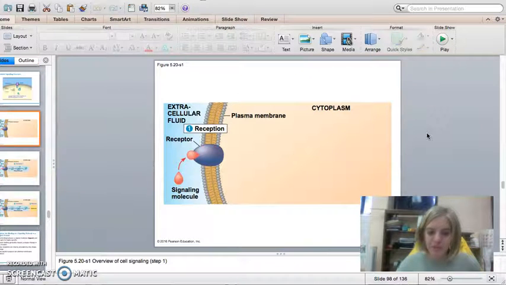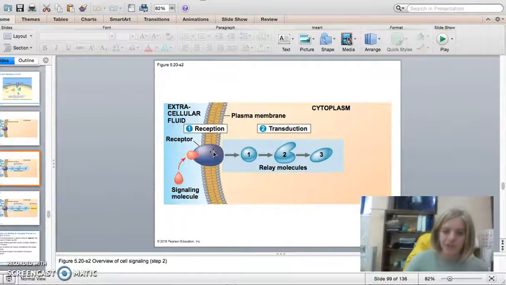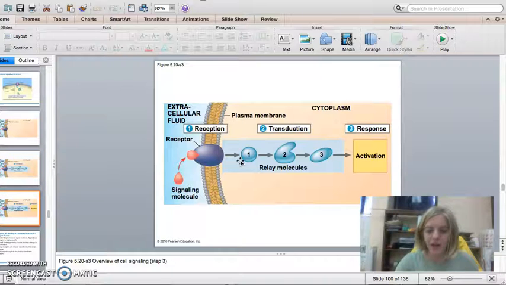When we start with reception, essentially a target cell detects a signaling molecule, and typically that signaling molecule is going to bind with the receptor molecule. Then in transduction, typically we have at least one step, but usually there's many steps that convert the signal to a form that brings about our response.